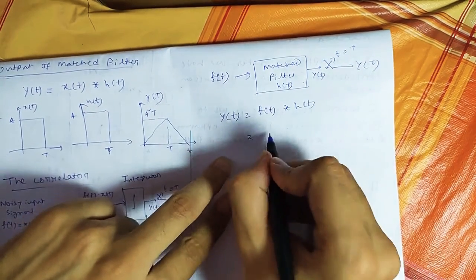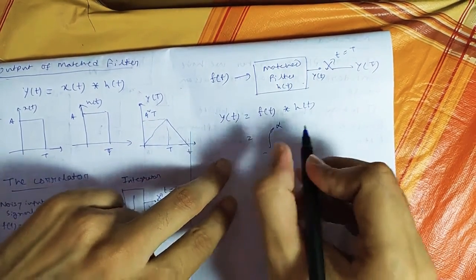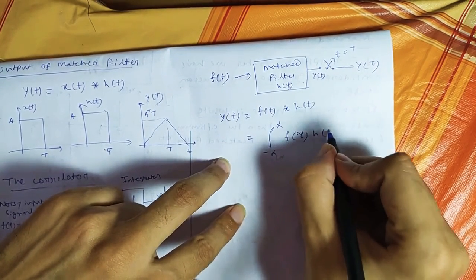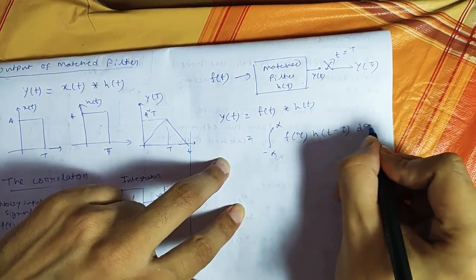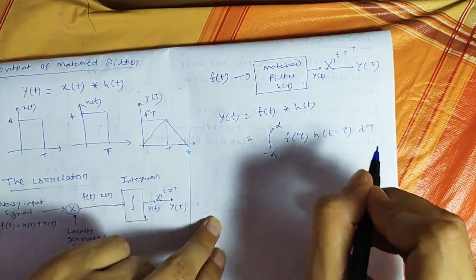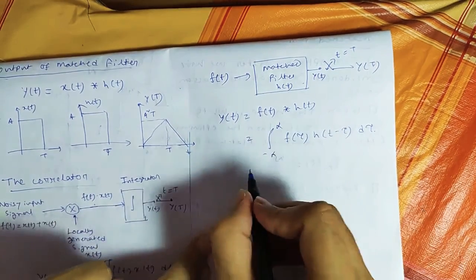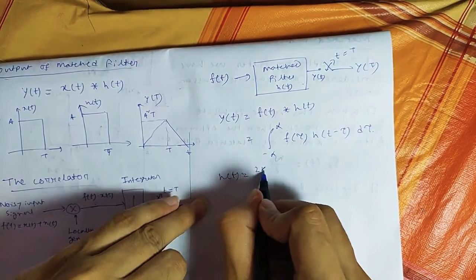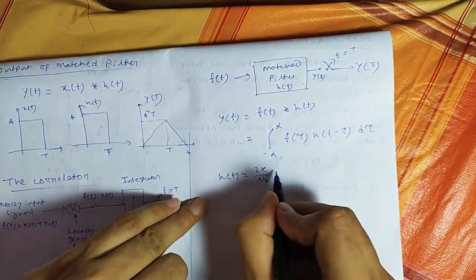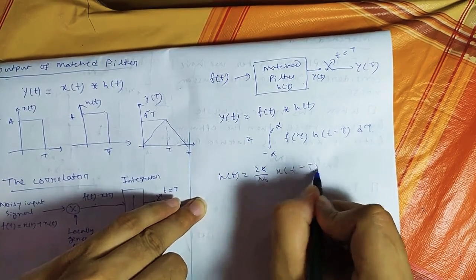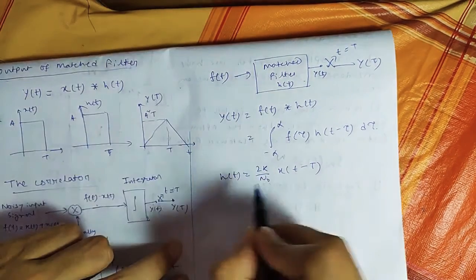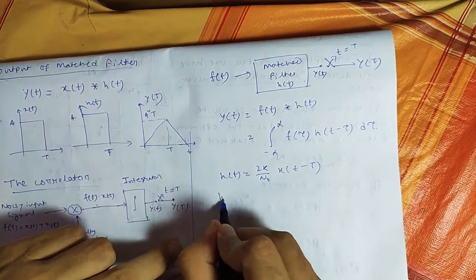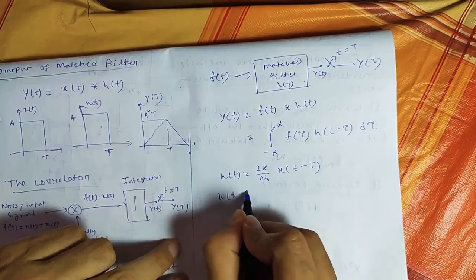It is equal to the integral from minus infinity to infinity of f(tau) h(t minus tau) d tau. Now we know h(t) equals 2k by N0 x(T minus t), so we'll find h(t minus tau).